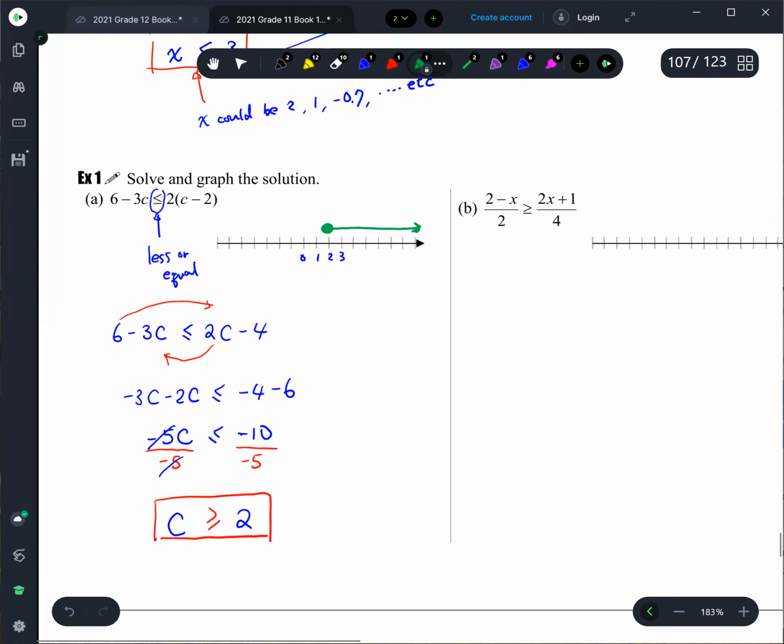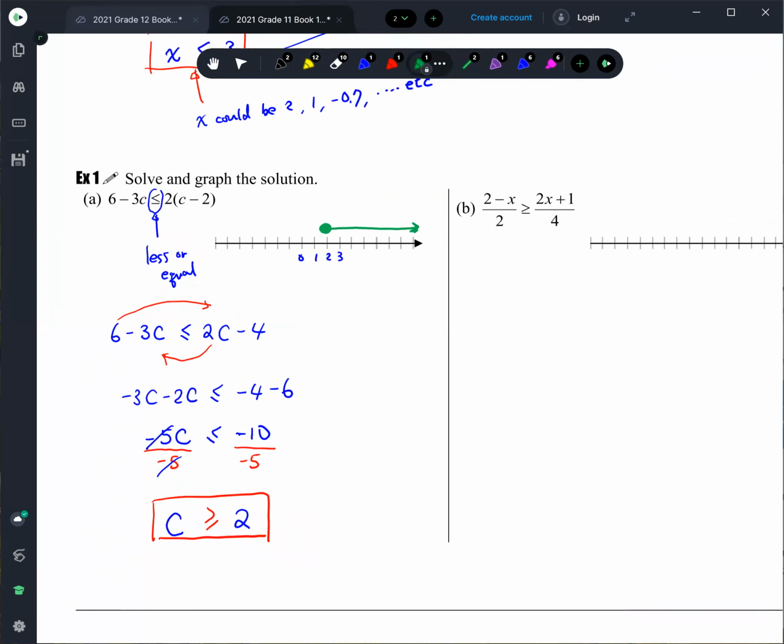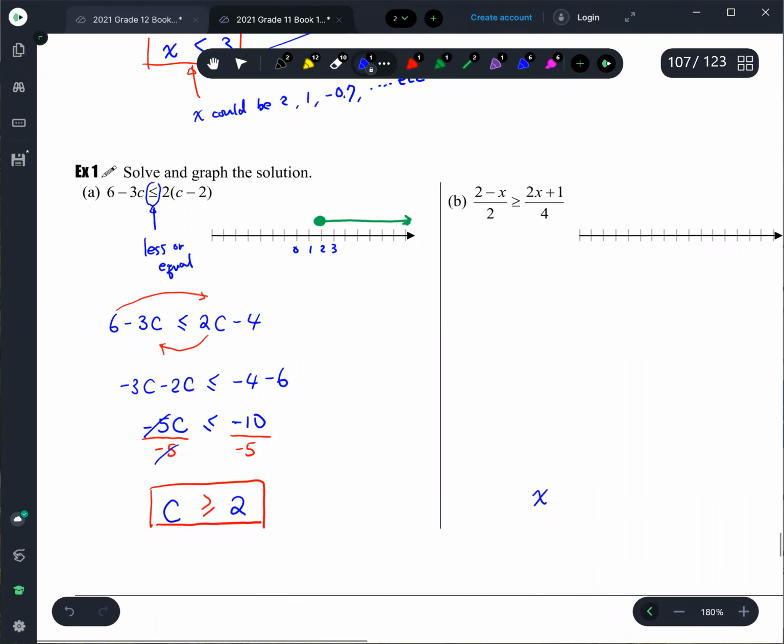So let's try another one. Question B. The answer after you solve, there will be a fraction. So don't do the graphing yet. Just get to the point after you find the x. After you isolate the x, I'll talk about how to show the graph on the homework if it's a fraction. Because it has a fraction, think about how you can get rid of the fraction first.